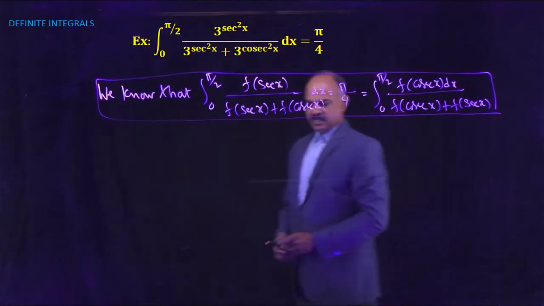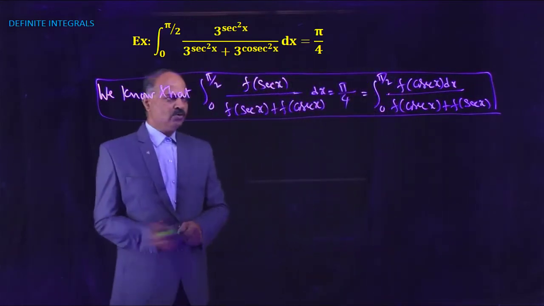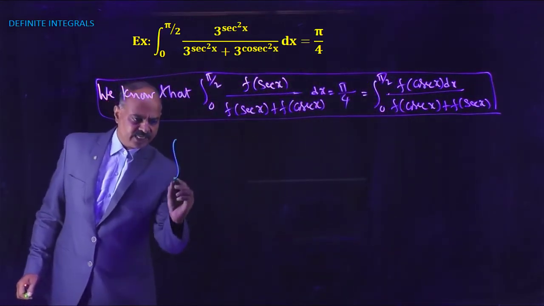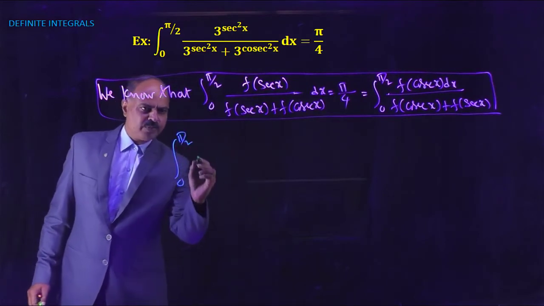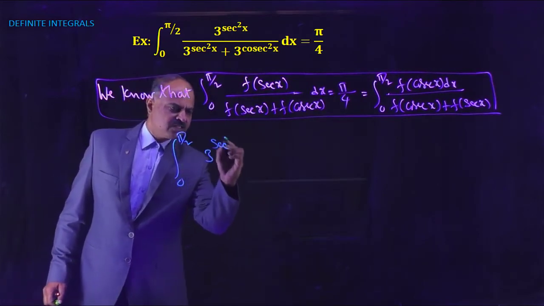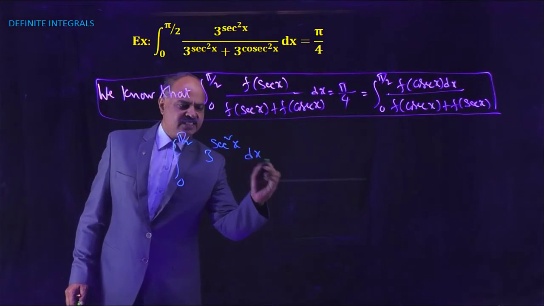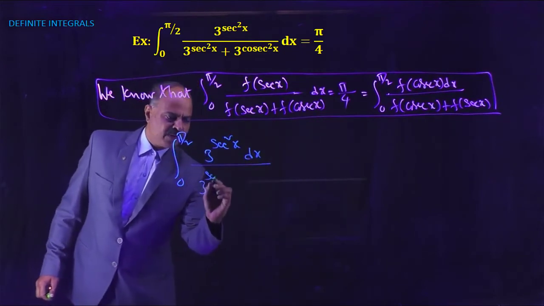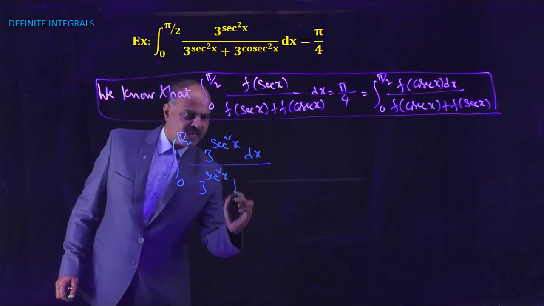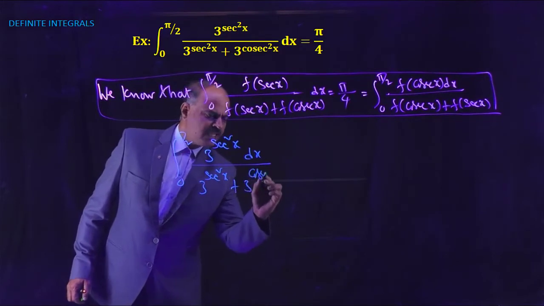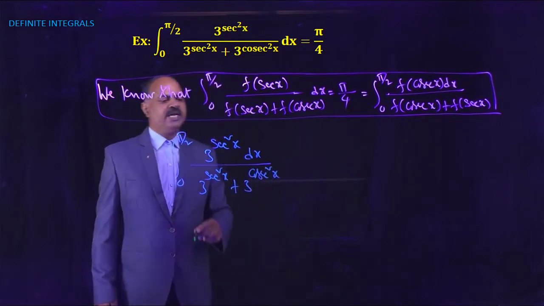Here given integral 0 to pi by 2 of 3 power secant square x dx divided by 3 power secant square x plus 3 power cosecant square x.